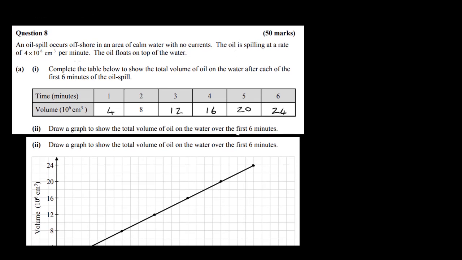The oil is spilling at a rate of 4 by 10 to the power of 6 cubic centimeters per minute. So in other words, that's how the volume is changing with respect to t, dv dt. So that's equal to 4 by 10 to the power of 6 cubic centimeters per minute. So that's dv dt.